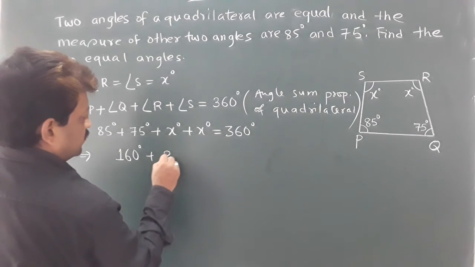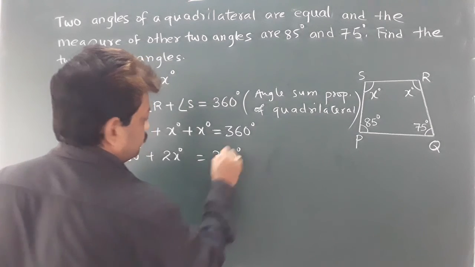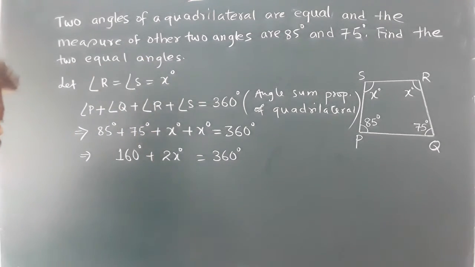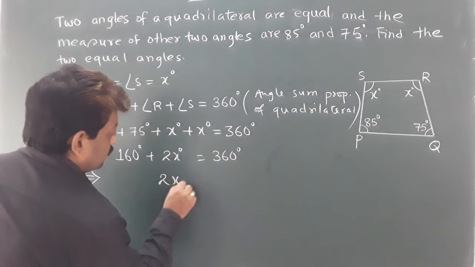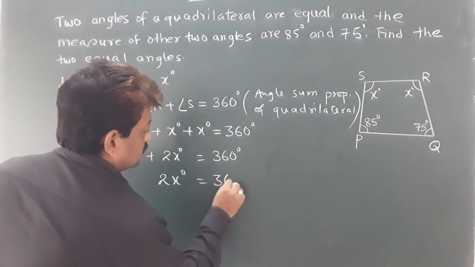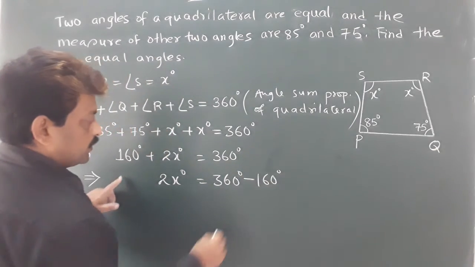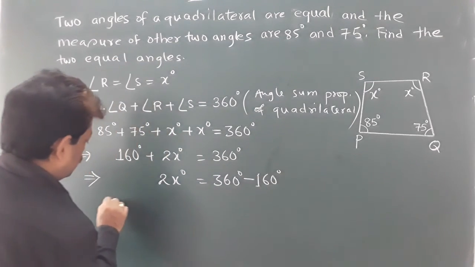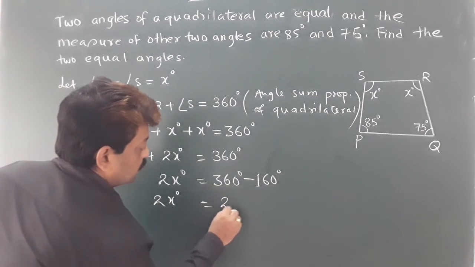plus X degrees plus X degrees is 2X degrees, equal to 360 degrees, which implies 2X degrees is equal to 360 degrees minus 160 degrees. This one. Or we can say 2X degrees is equal to 200 degrees.